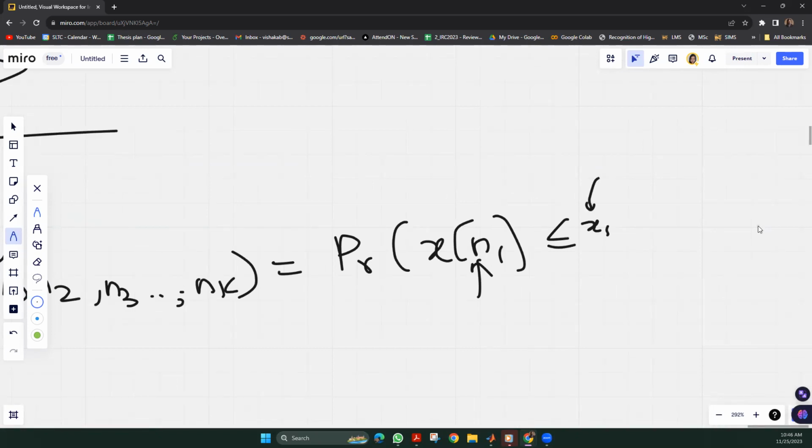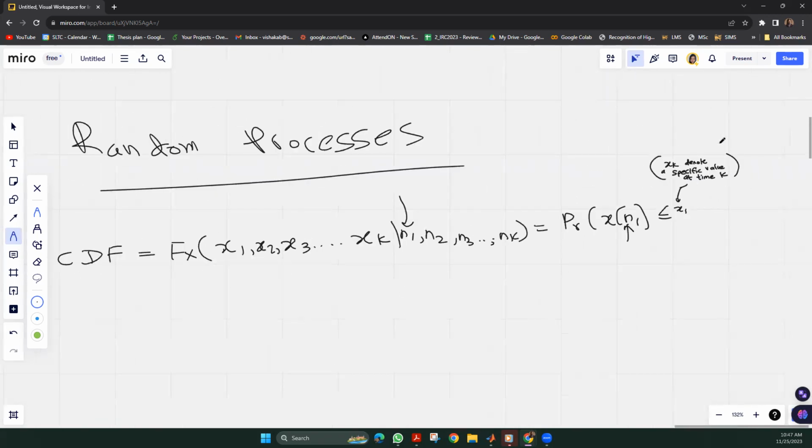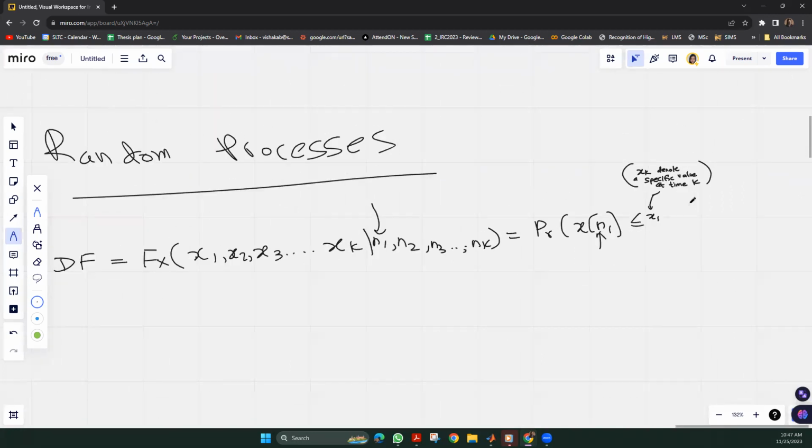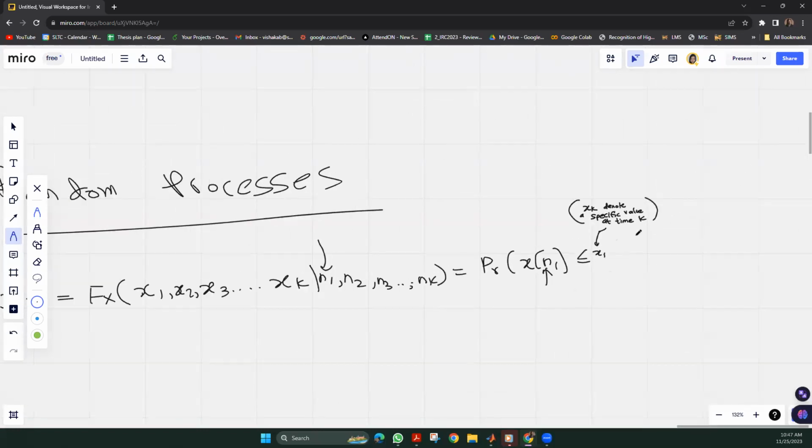This is generally some xk value, denoting a specific amplitude value of x at time k. So the probability that we are trying to find is the probability of the random variable xn1 being a value below this specific x1 value.